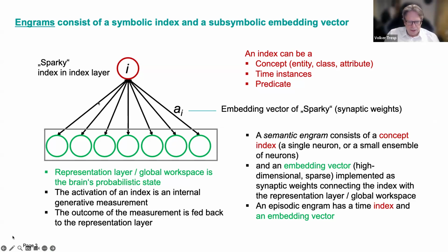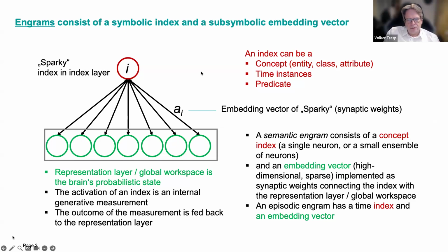And these directions are bidirectional. So if we activate this index, it will form the embedding on the representation layer. And if the representation layer is excited, it will maybe activate this index. And so an n-gram always consists of an index and the embedding vector.